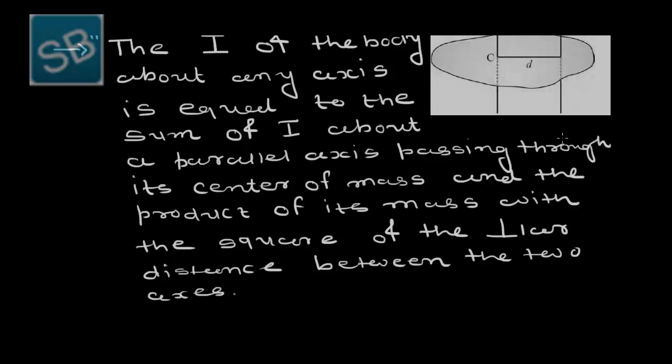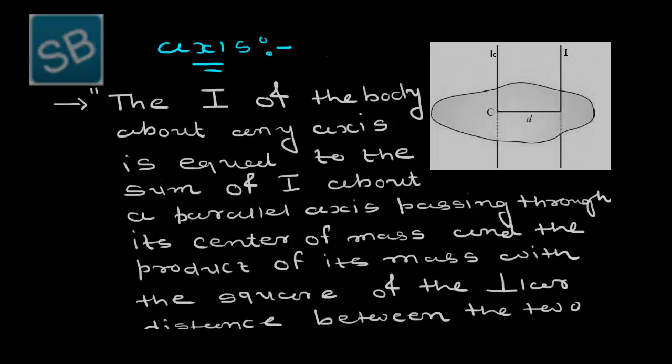So actually the moment of inertia, you just see this figure, the total moment of inertia of the body is capital I, and what this statement suggests to us is that this total moment of inertia is actually the summation of the parallel axis moment of inertia, that means here IC, and the product of the mass, which we always consider as capital M, into the square of the distance between these axes, and the distance is given by D. Here we have used the subscript C because we have taken the parallel axis along the point C, and that's why the subscript C is used.